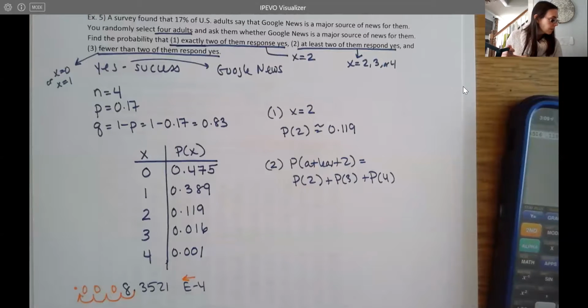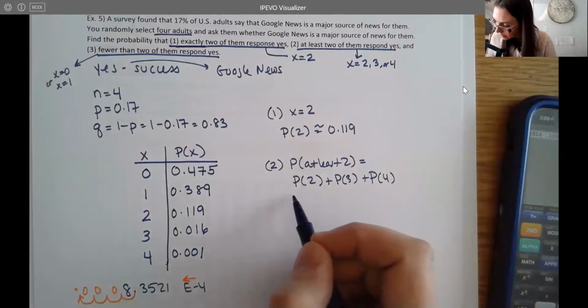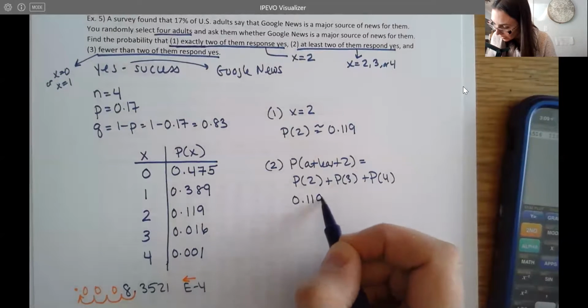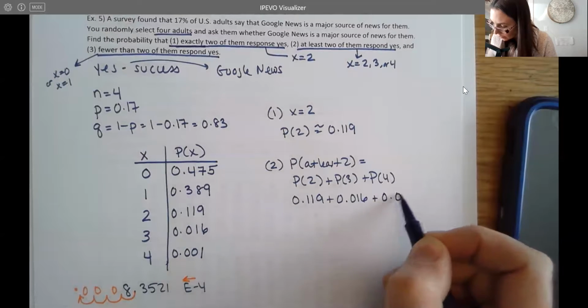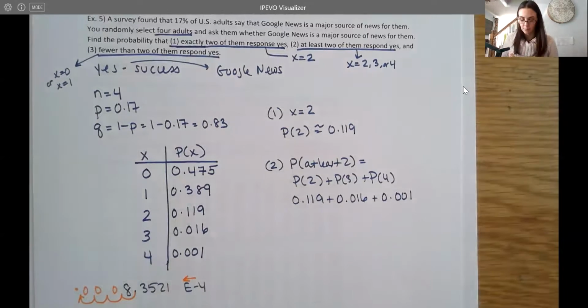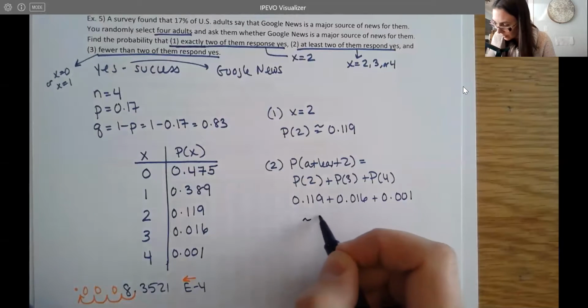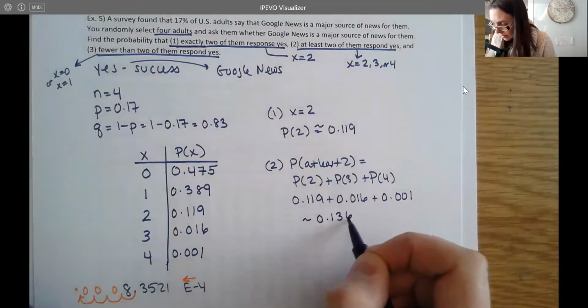So what I'm going to be adding up here is 0.119, 0.016, and 0.001. And I'm just going to do it on my calculator. And I'm getting about 0.136.